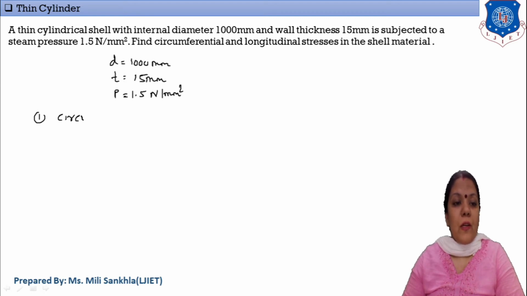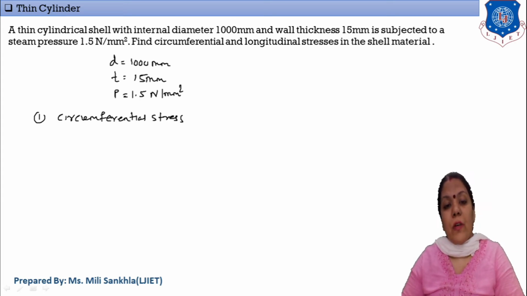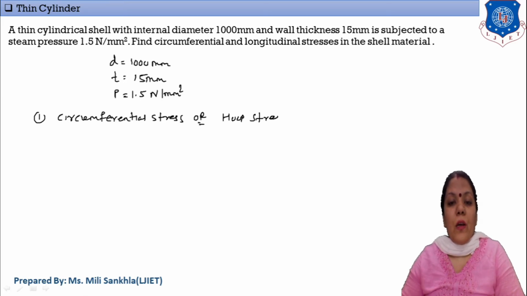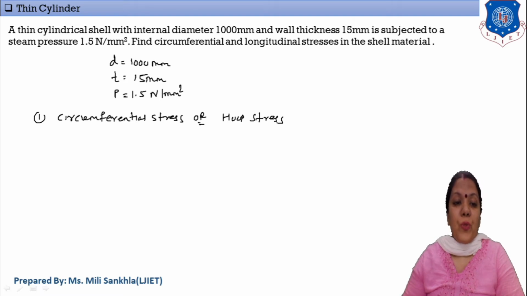circumferential stress. The second name of this circumferential stress is hoop stress. The notation of this hoop stress is sigma c, and the equation is sigma c equals PD by 2T.